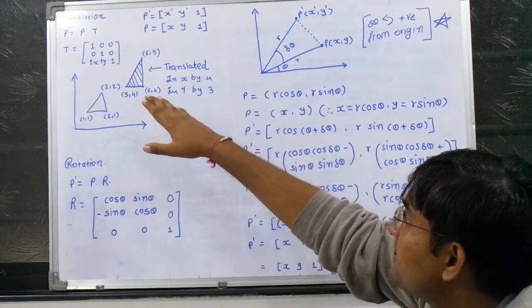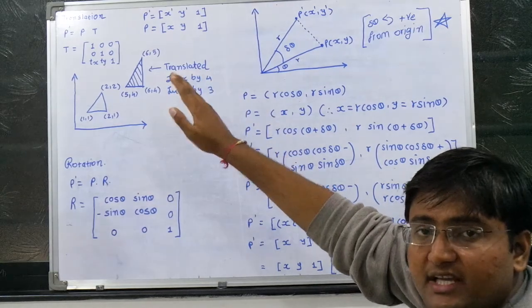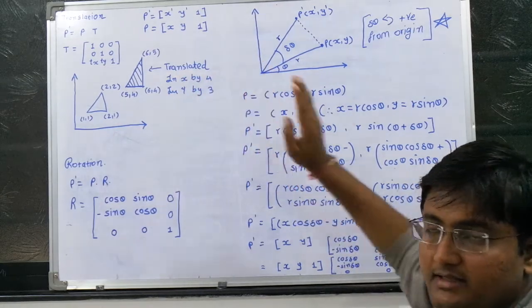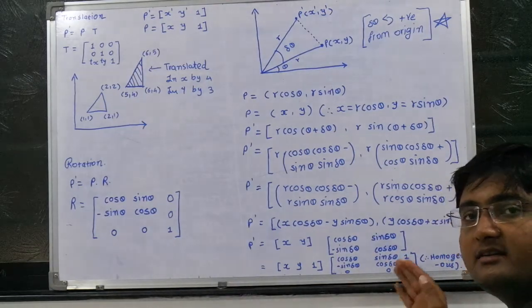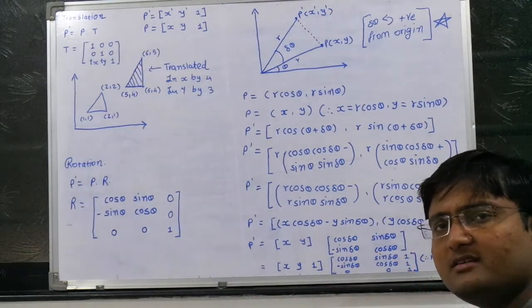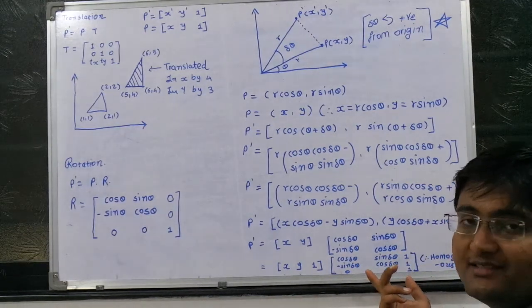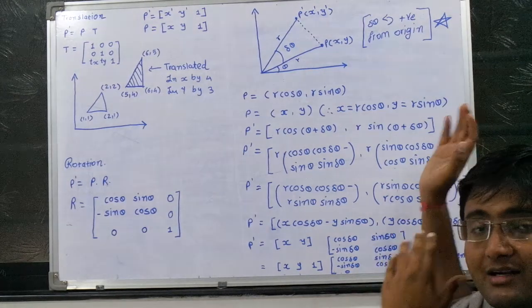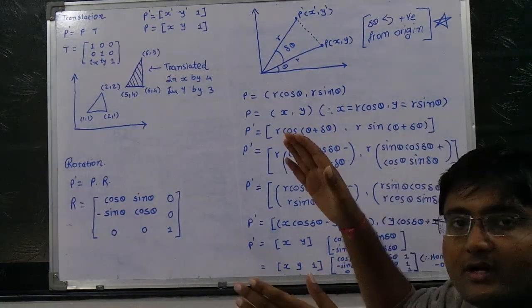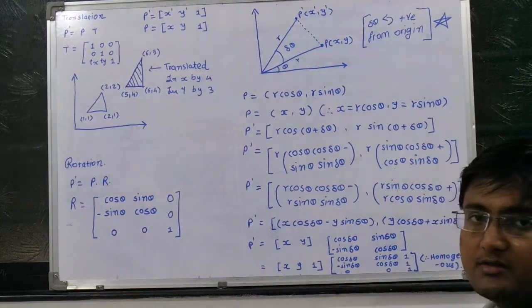The translation matrix is 1 0 0, 0 1 0, tx ty 1, and the rotational matrix is cos theta sin theta 1, minus sin theta cos theta 1, 0 0 1. It is in terms of the homogeneous coordinate system, where delta theta is the anti-clockwise direction angle and it is from the origin.